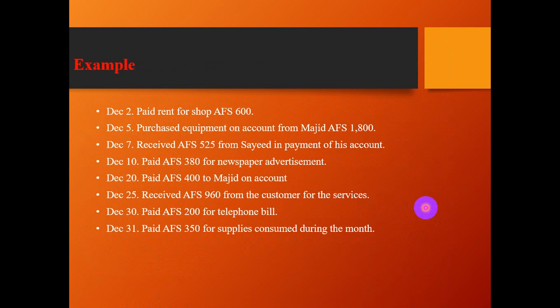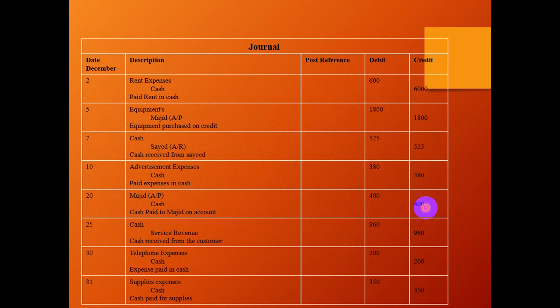And the next question, December 25, received 960 for the customer service done. So what we will write down: we are receiving money, so cash to service received. Cash is my asset, and service is my income.